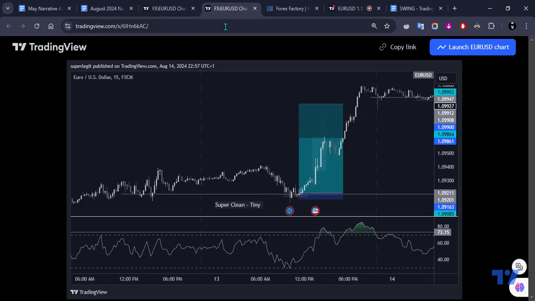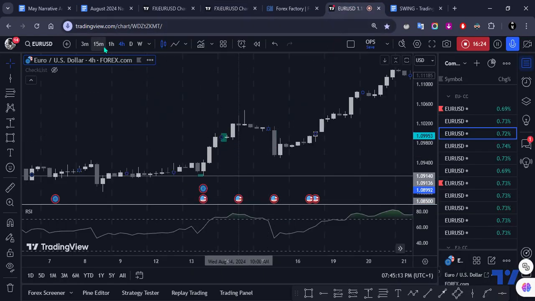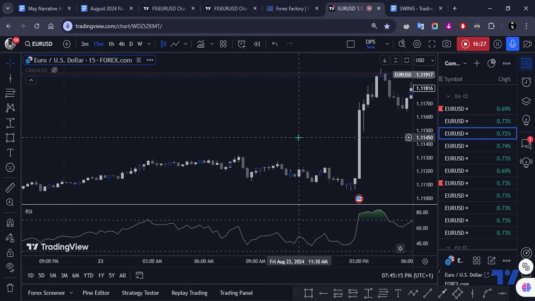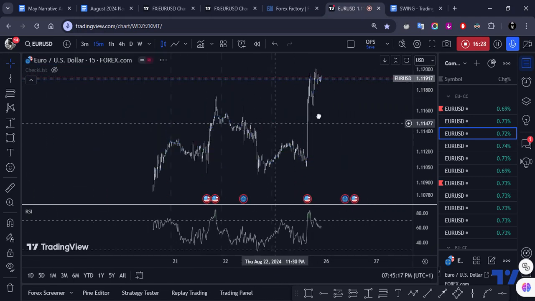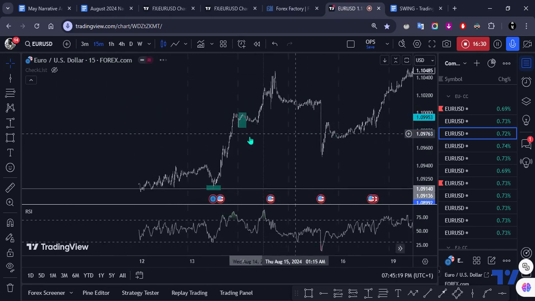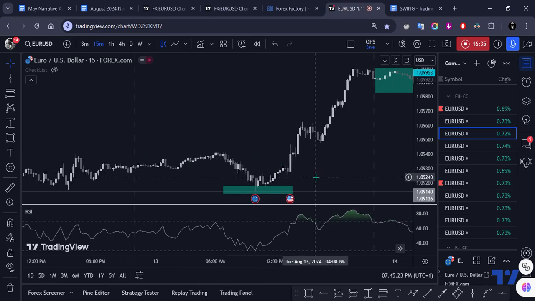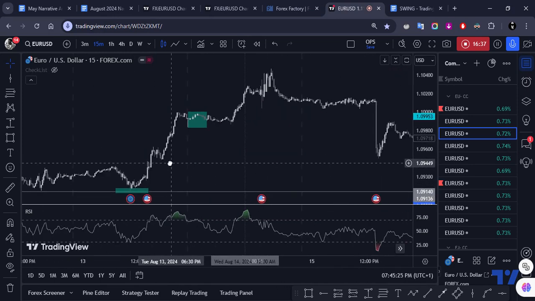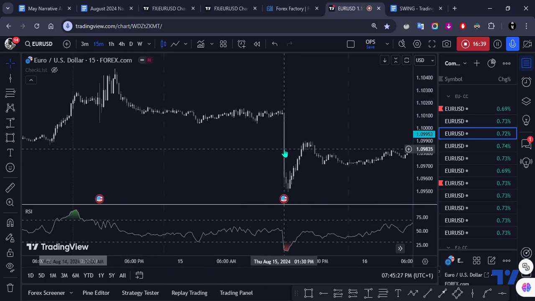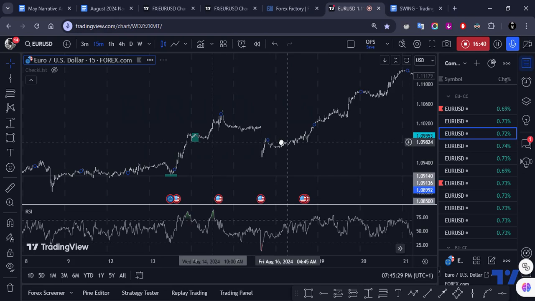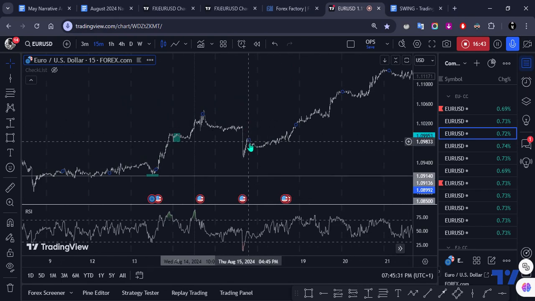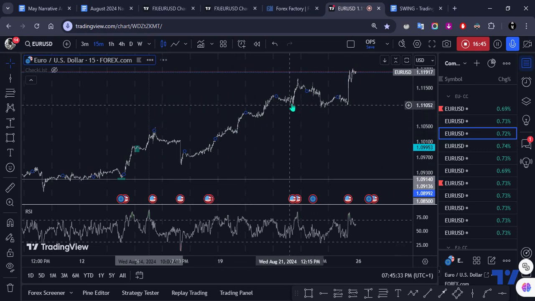Okay, let's see what happened. Am I seeing the tiny there? Okay, tiny. Without this news that happened, you see, the price would have continued going higher and higher, like it's doing here.